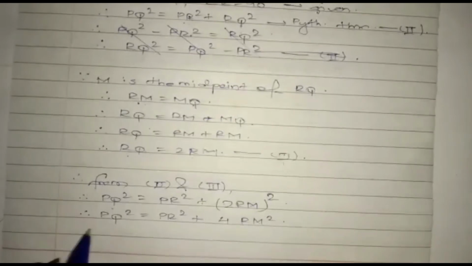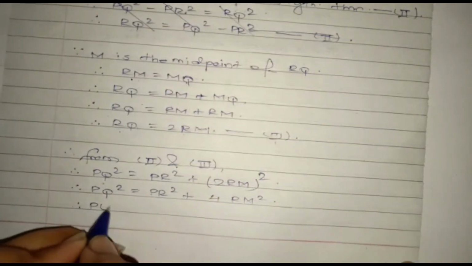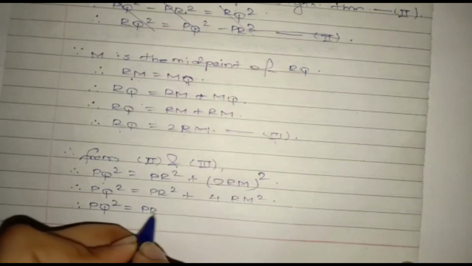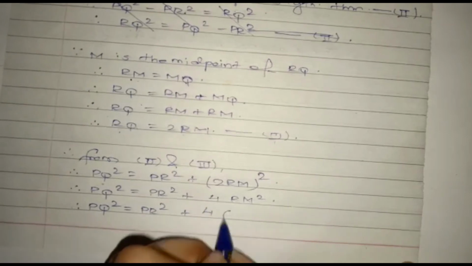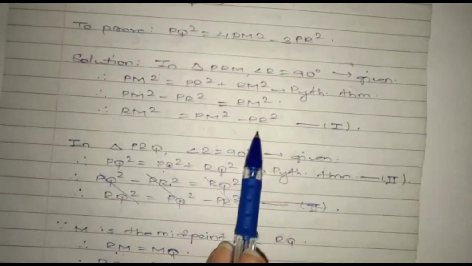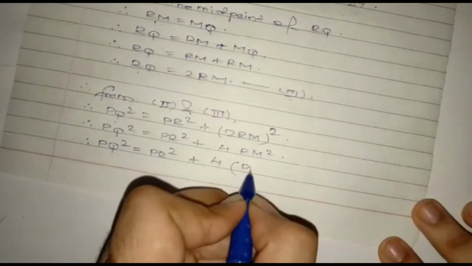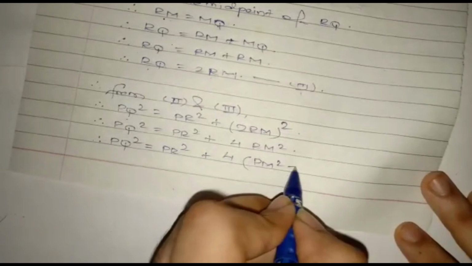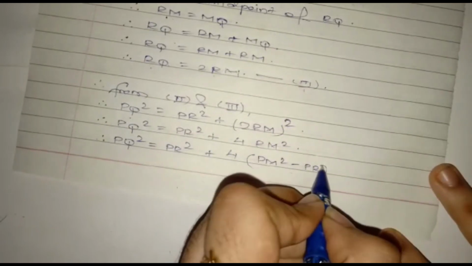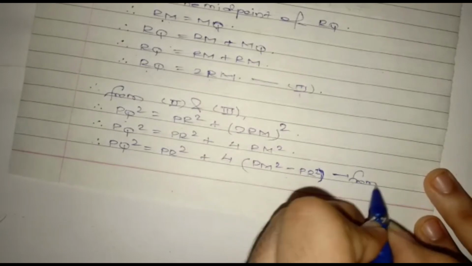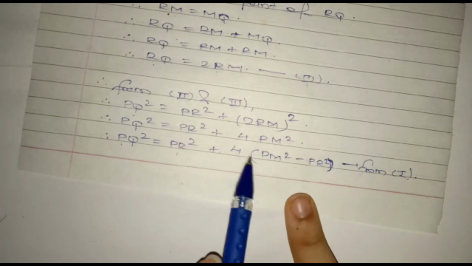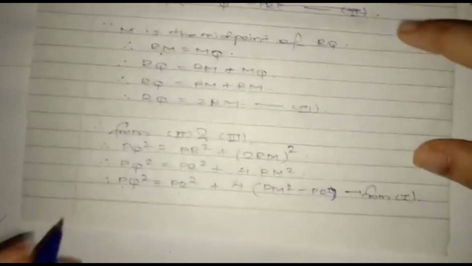Therefore PQ square is equal to PR square plus 4 into (PM square minus PR square). We got this from 1.